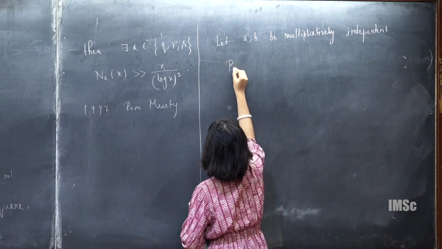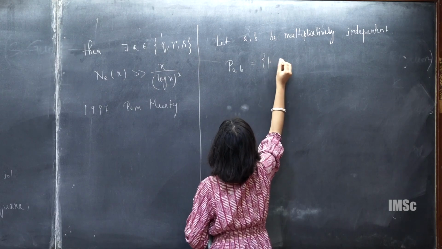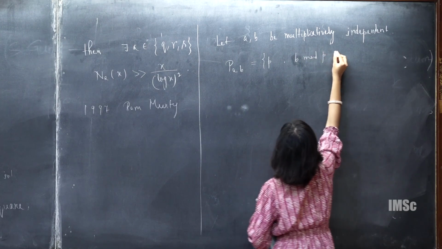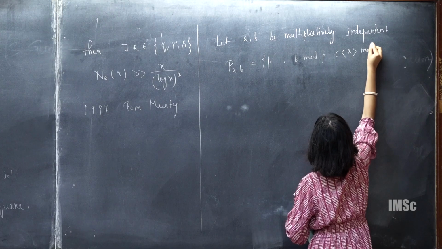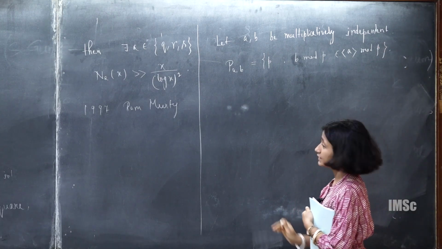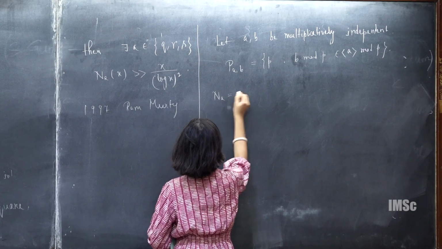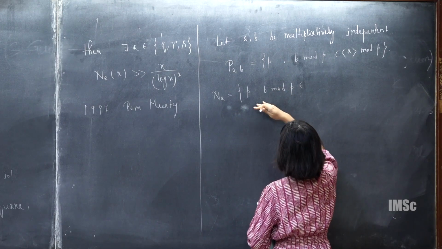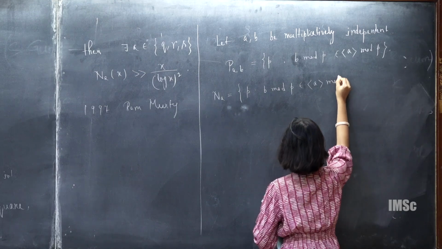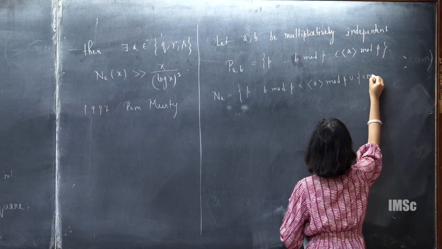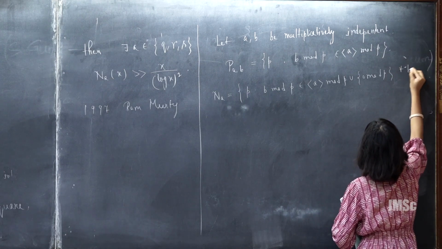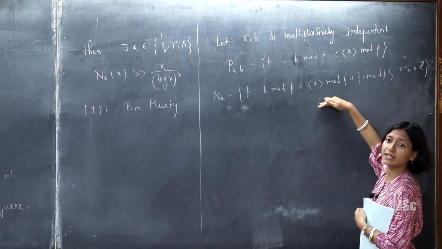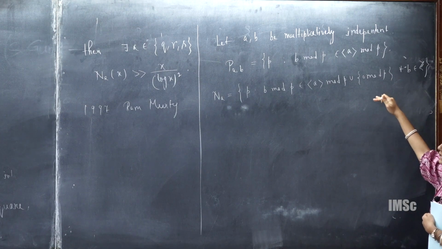Now we define a set P_{A,B}, those primes such that B mod P is in the group generated by A mod P. If we write the set Na in this pattern, it is nothing but the set of all primes such that B mod P is either in A mod P or divisible by P for all B belonging to Z. So this set is much bigger than this set. For Na we were asking whether it is infinite or not.